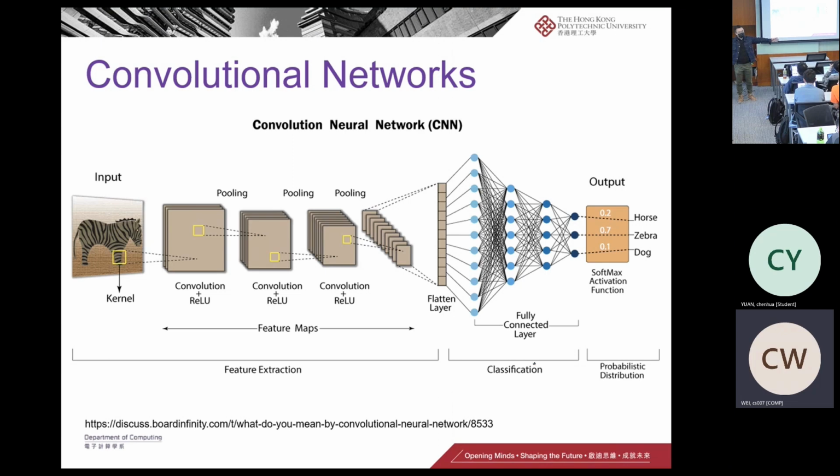That's called flatten. You extract all the values from a matrix and put them into a one-dimensional array when you're doing the program. So you flatten them as a one-dimensional feature vector, and it will be considered as a single layer.